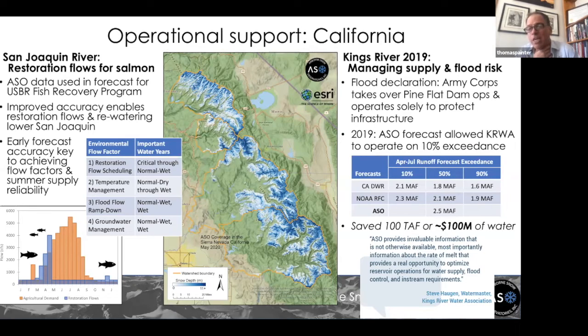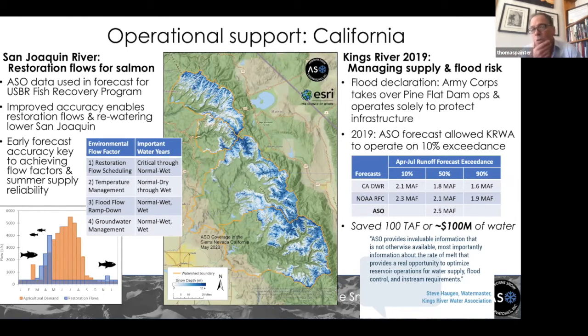Now on the value of this information and some of the case studies, in the San Joaquin, of course, the restoration program that's going on there, the ASO data have become critical for them in achieving their flow factors and the summer supply reliability.